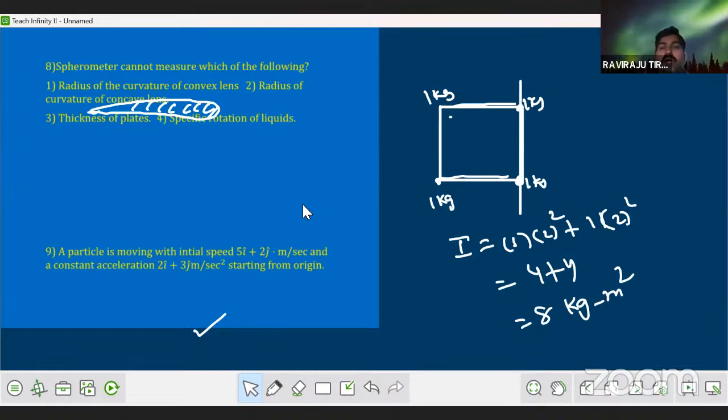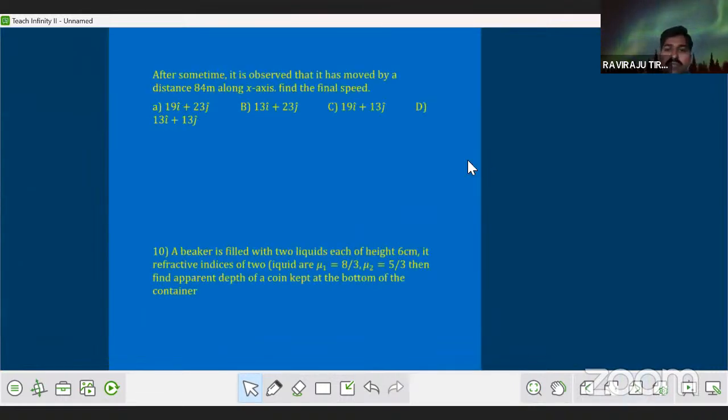That means X component separately you have to deal, Y component separately you have to deal. Finally, while you are writing the answer, you have to just combine them. Along x-axis and along y-axis, both are completely independent. So here also we have to deal independently. That will be very simple. Okay, see here. What is given initial velocity here?